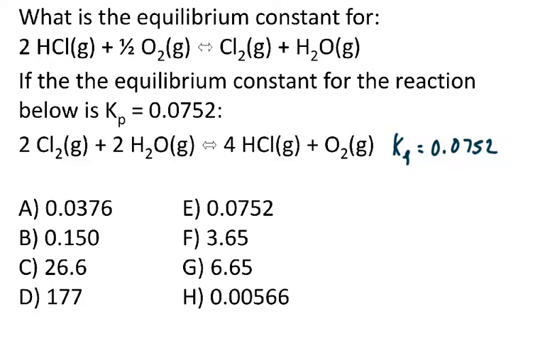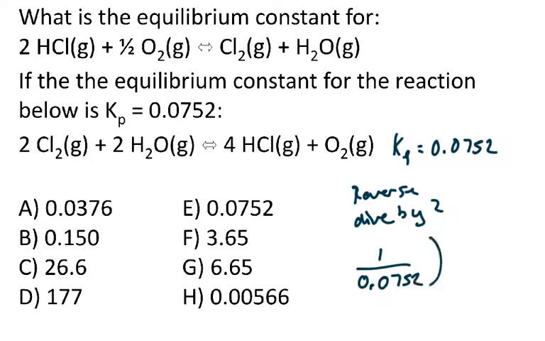So really the question is, how do we get from the second equation back to the first one? So we're going to reverse the reaction and divide by 2. So if I reverse it, it's 1 over 0.0752, and dividing by 2 is going to take that to the 1/2 power. So my answer is 3.65.